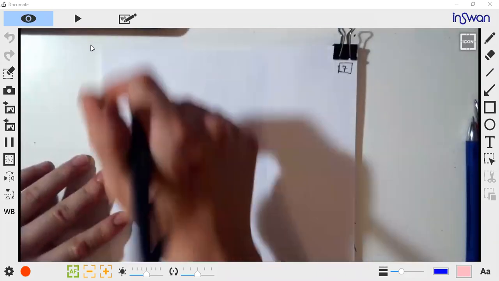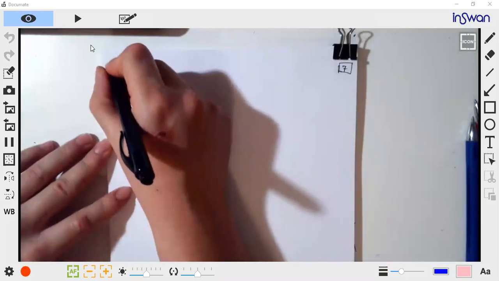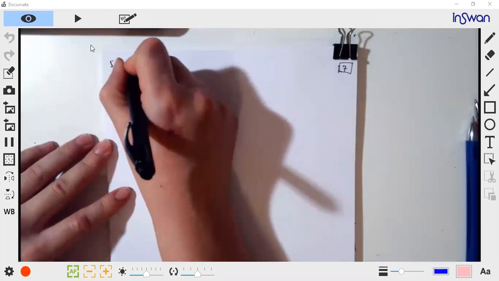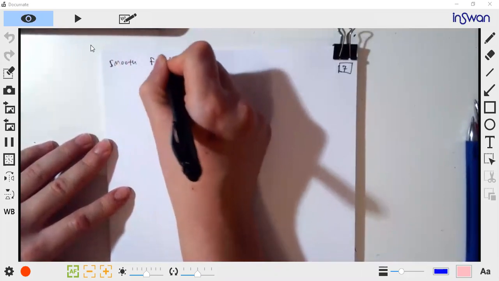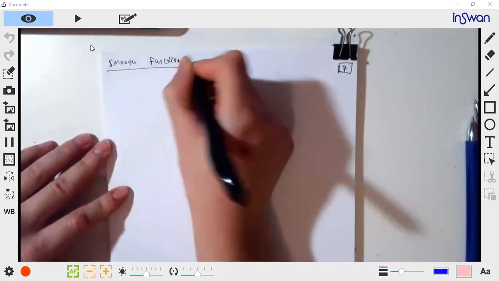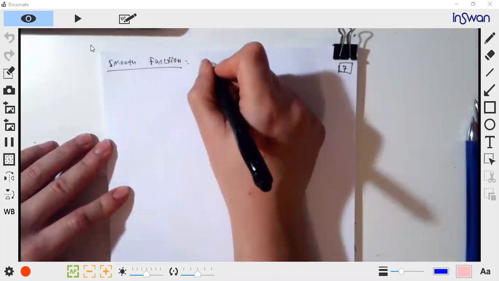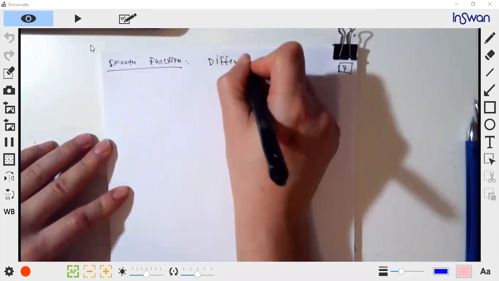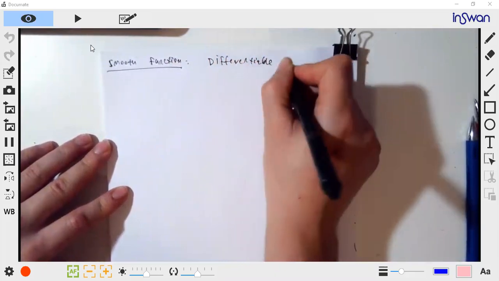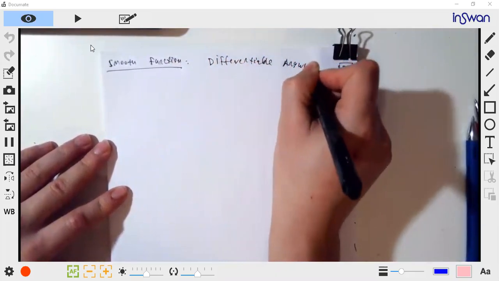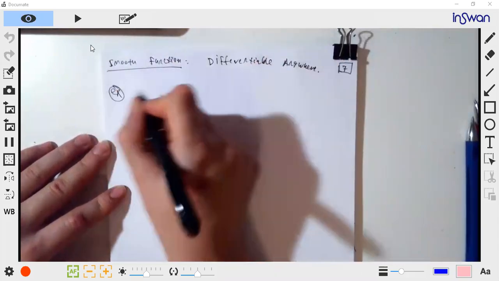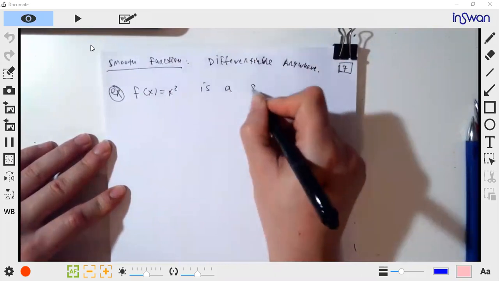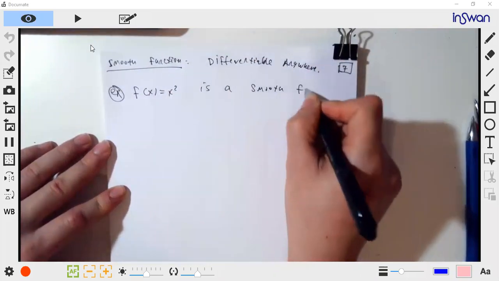So let's talk about functions that are differentiable everywhere. These are called smooth functions. For example, f of x equals x squared is a smooth function.